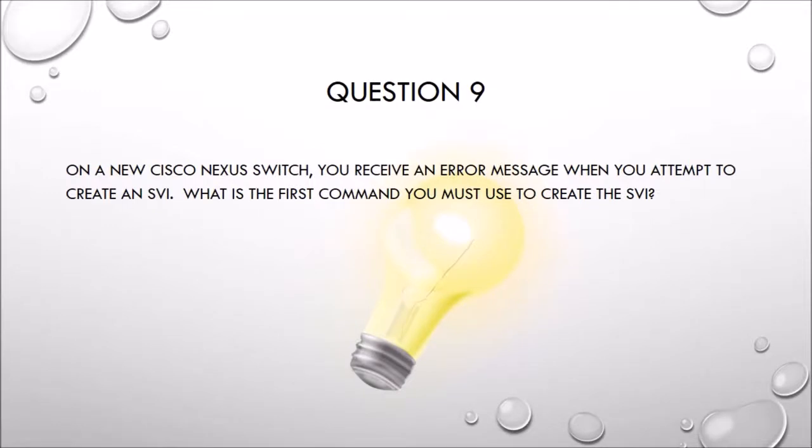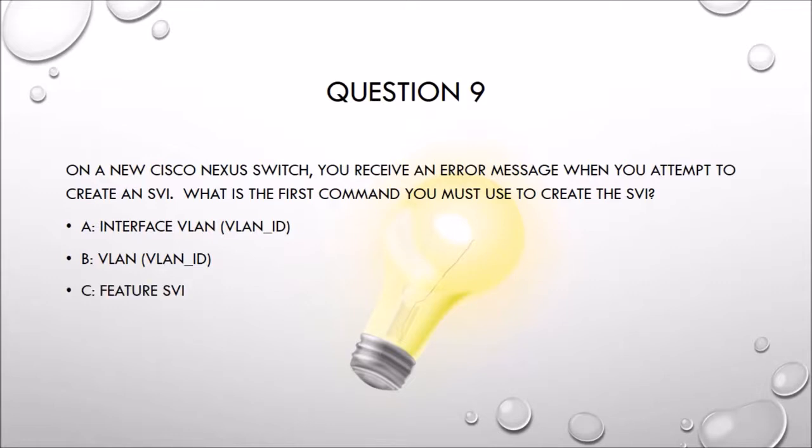Question 9. On a new Cisco Nexus switch, you receive an error message when you attempt to create an SVI. What is the first command you must use to create a switched virtual interface? Is it A, interface VLAN and then specify the VLAN ID, B, VLAN and then VLAN ID, C, feature SVI, or is it D, interface routed?